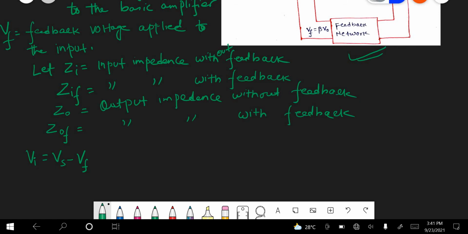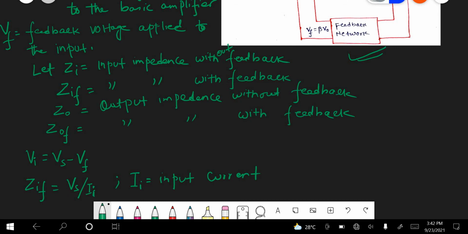Next we can write Zif is equal to Vs divided by Ii, where Ii is the input current.